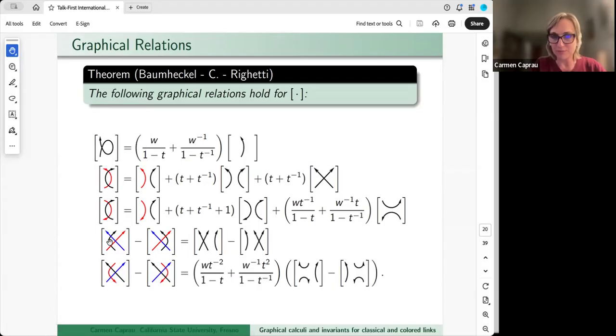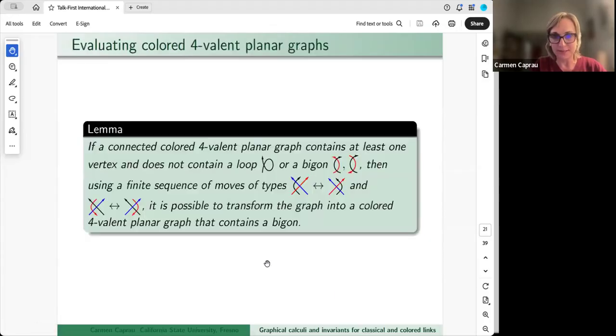Well, this allows me to slide to get from this diagram to that diagram, or from this diagram to that diagram. And then I have fewer vertices on the right-hand side.